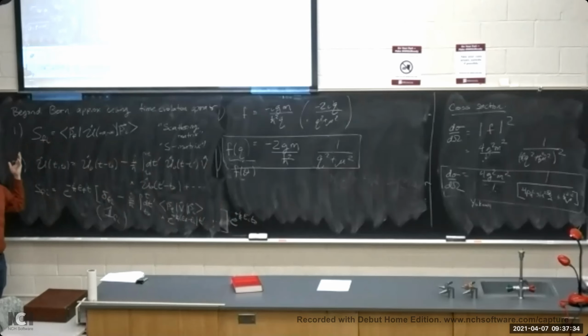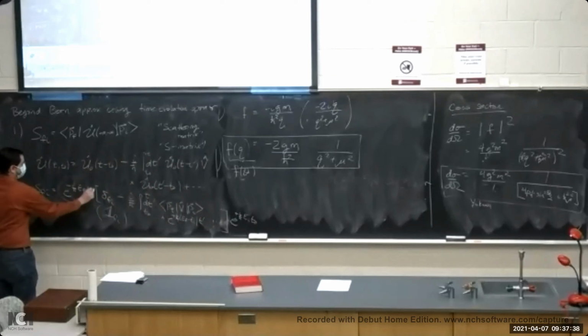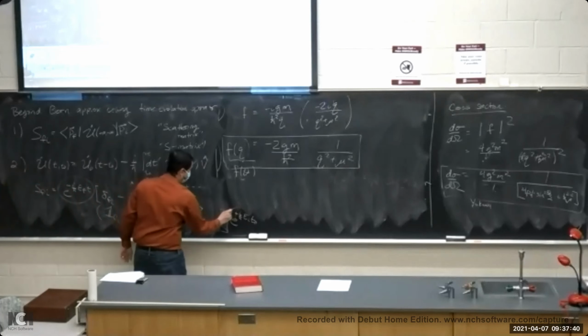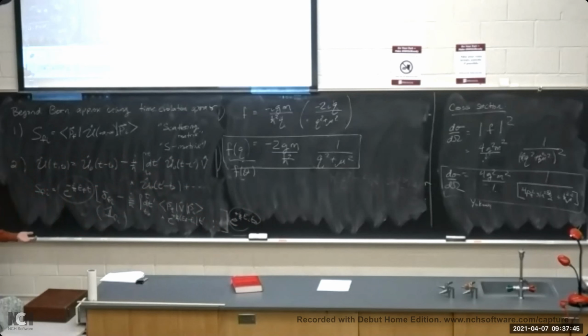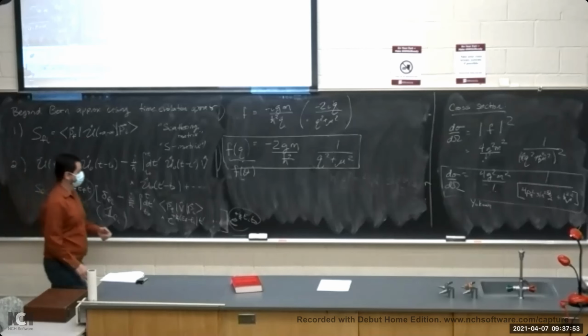A couple of awkward parts about this that we've already had to wrestle with a little bit. One of them is that these time-dependent phases at the beginning and the end make it really awkward to try and take the limit t going to plus and minus infinity. We can get around that by going to the interaction picture, where I move those phases into the S matrix.